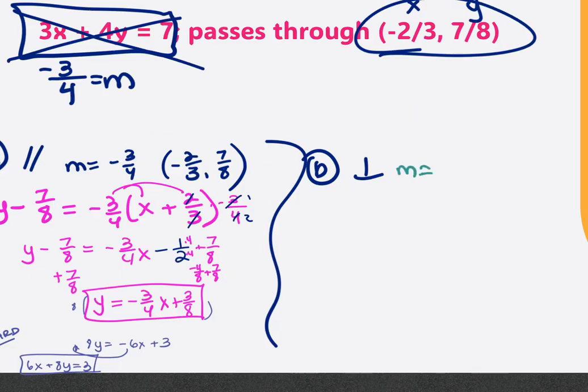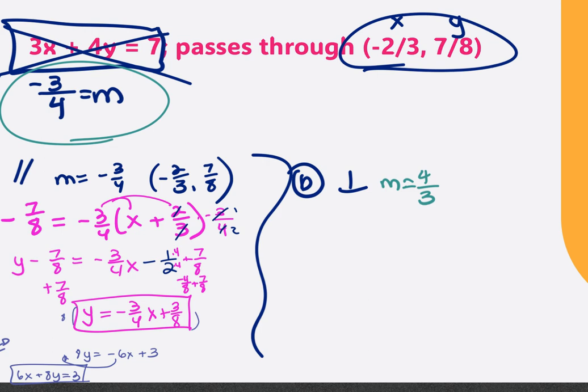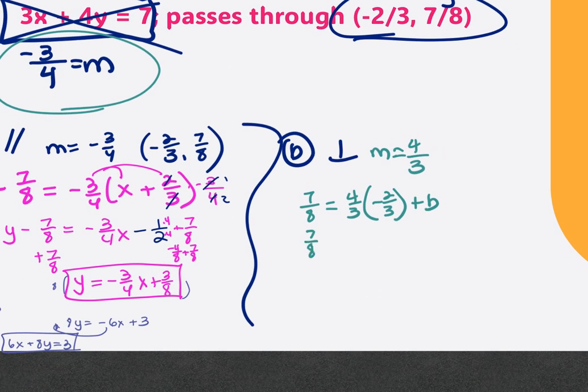So the perpendicular slope is going to be opposite reciprocal of my given one, which is the positive 4/3. And then I would still use the same point. So I'll do y equals mx plus b this time, but again, you can choose. So y is 7/8, m is 4/3, x is negative 2/3, and b is my unknown. I get 7/8 equals negative 8/9 plus b.